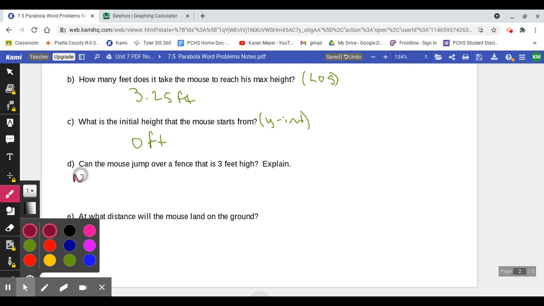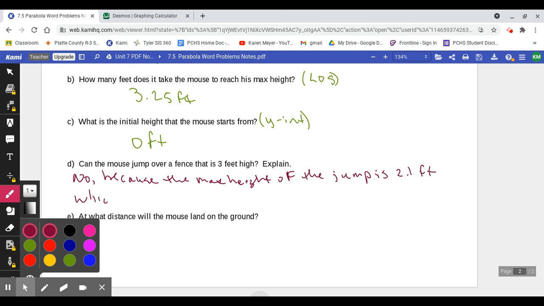Hopefully everyone says no, because the max height of the jump is 2.1 feet, which is below the 3-foot high fence.